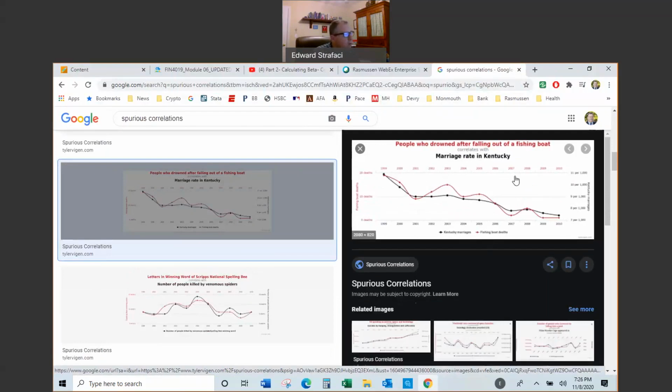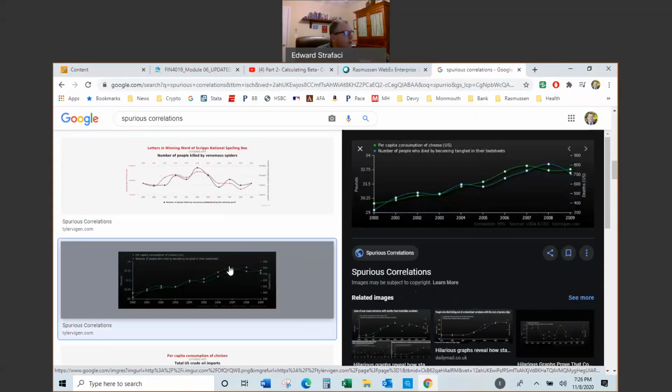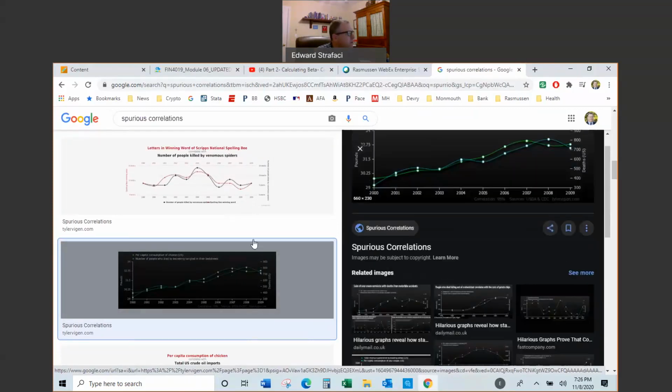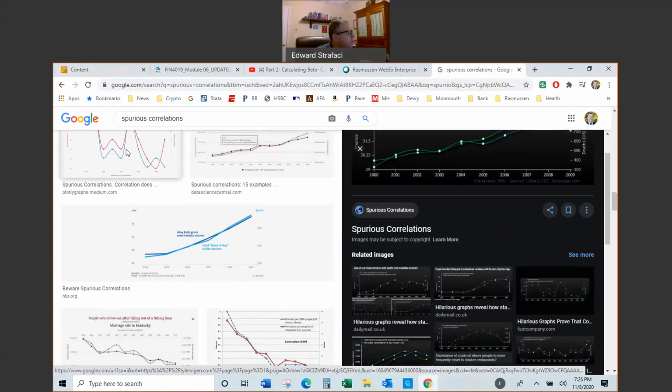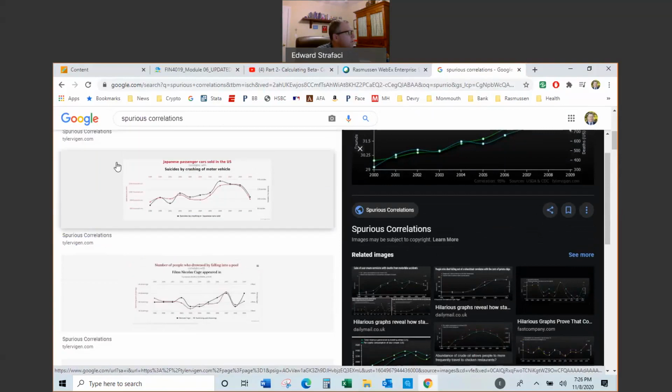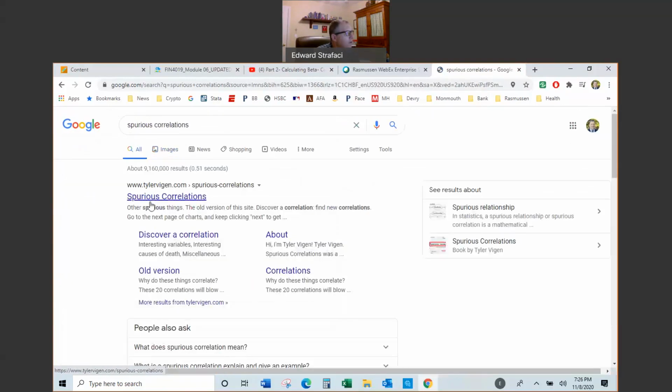No relation, but it's spurious correlation. Per capita consumption of cheese and the number of people who died getting caught up in their bedsheets. So it's just spurious correlation. It's just correlation that happens because we looked at so many numbers, we finally found a relationship.